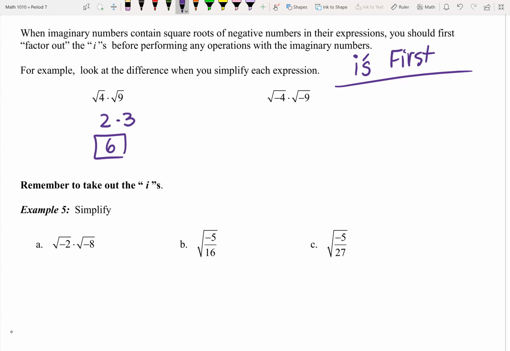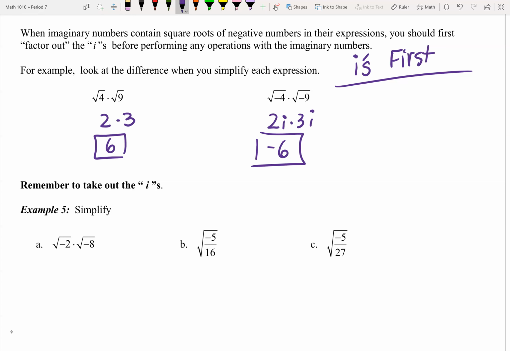Look at the next one. The square root of a negative 4. Everybody tell me what that is. 2i. Yes. The square root of a negative 9. What's that, everybody? It's not negative, right? The negative comes out as an i, and then the square root of 9 is a 3. So it's a 3i. And then 2 times 3 is 6. What else do I have? i squared, and what's that? Negative. So that guy's a negative 6, and that guy's a positive 6.